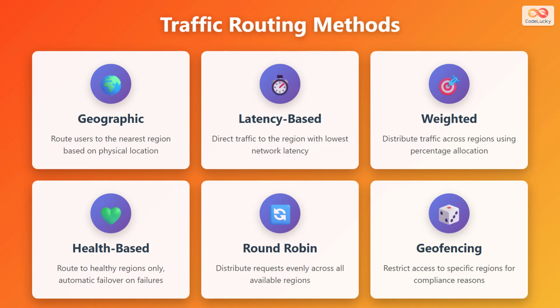Health-based routing automatically routes traffic only to healthy regions, enabling seamless failover during failures. Round-robin distributes requests evenly across all available regions in a simple, balanced manner. Geofencing restricts access to specific regions for compliance reasons, ensuring data sovereignty requirements are met.